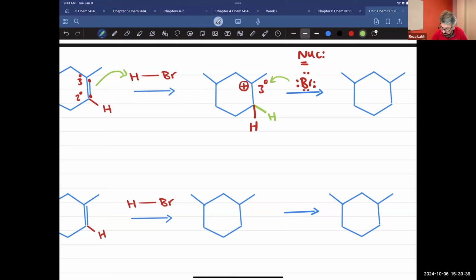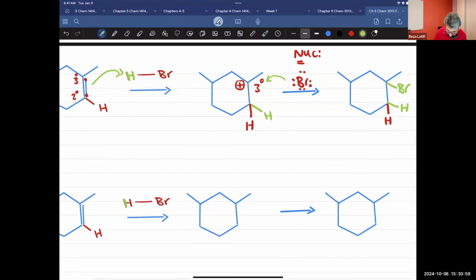So we get the bromide here. Now the bromide is attached to it. And of course, there I got two hydrogens. I had one hydrogen from the beginning, and I believe the green color is the one that came from HBr. And so that's one of the products.